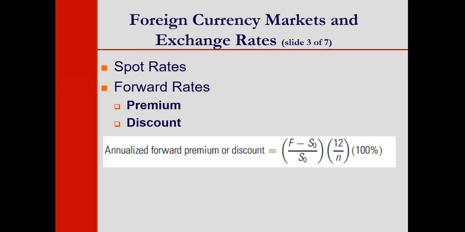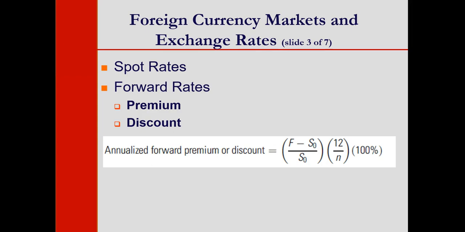Okay, so if the price is settled today, but the delivery of that foreign currency will be made sometime in future, those rates, the rates which are decided today but transaction would be settled in future, those rates are called forward rates. Okay, forward rates are generally like 30-day forward rates, 90-day forward rates, or 180-day forward rates.